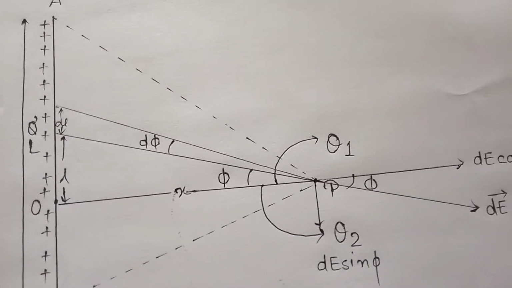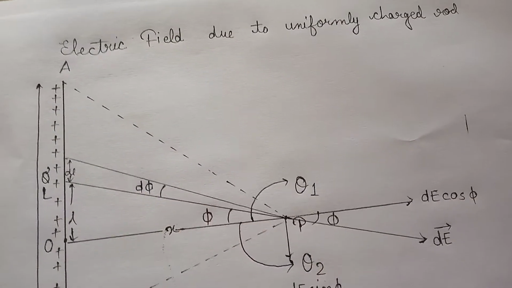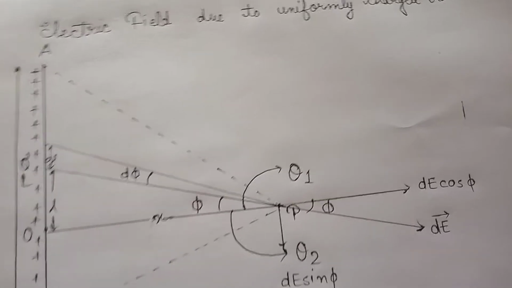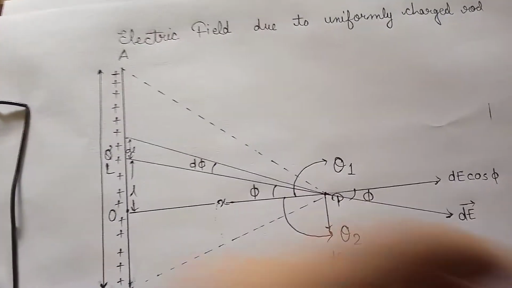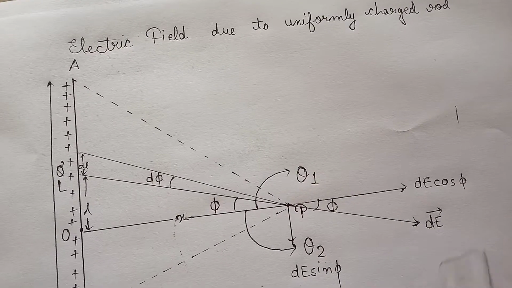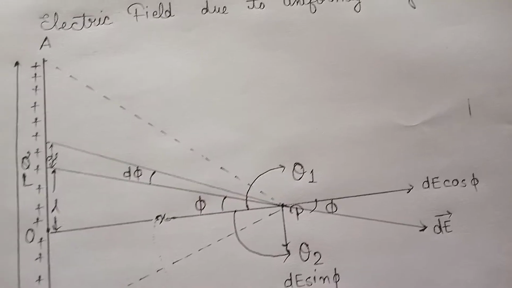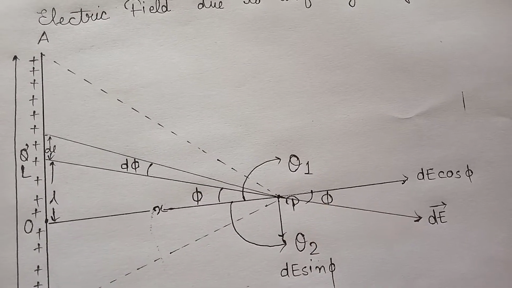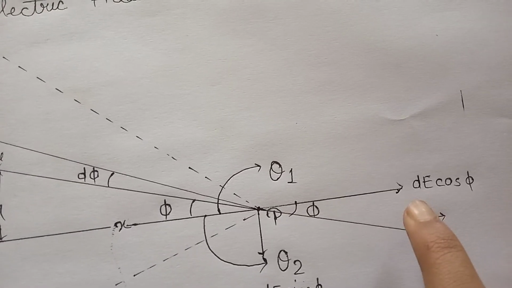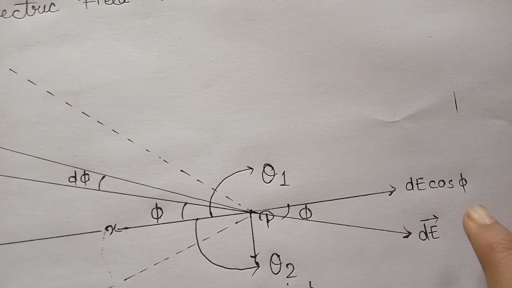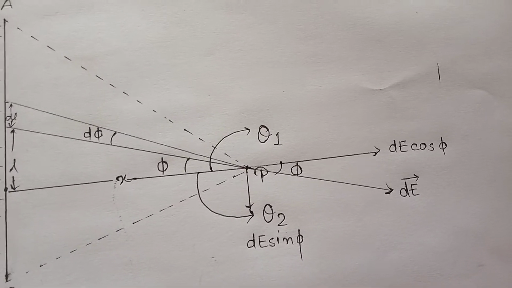So now the electric field will be directed outward from the positive charge, because for a positive charge the electric field goes outside from it. So this will be the electric field dE. Now let's break it into two components. It is making phi angle with the horizontal, so this horizontal side we say dE cos phi, and this vertical side we say dE sin phi.